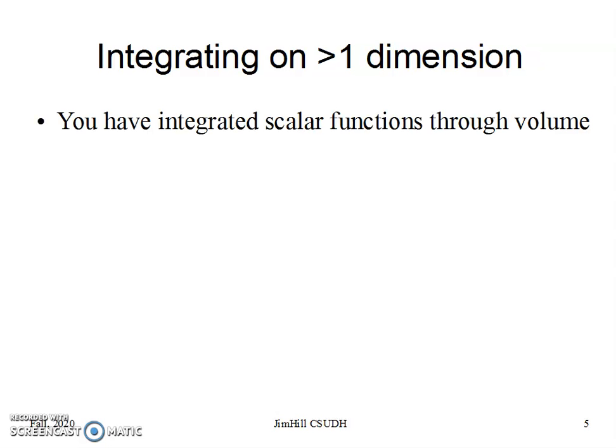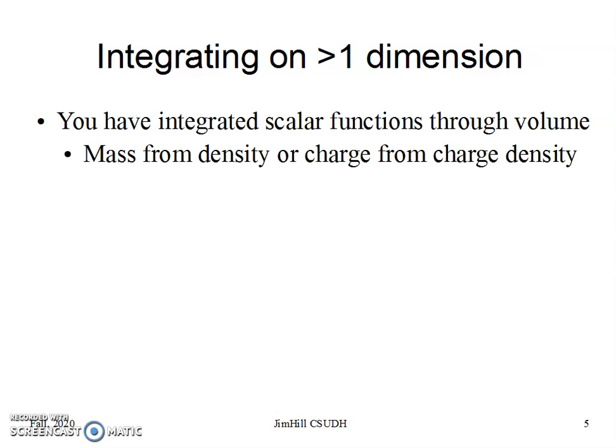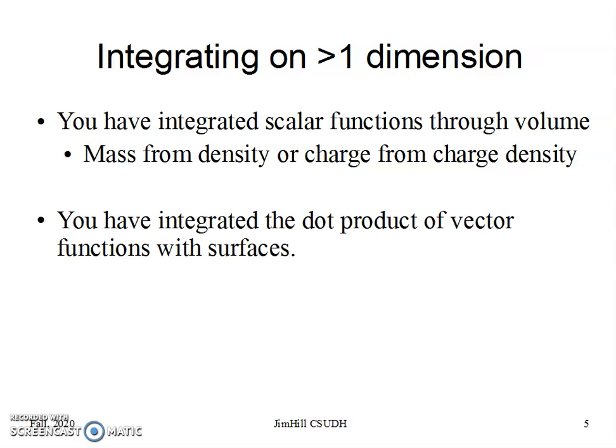You've integrated scalar functions through volume very early to get mass from the density or charge from the charge density. You've integrated the dot product of vector functions with surfaces in Gauss's law. Now, we generally tried to reduce those to cases where the integral was not hard to do, but in principle you did those before you ran into them in calculus.